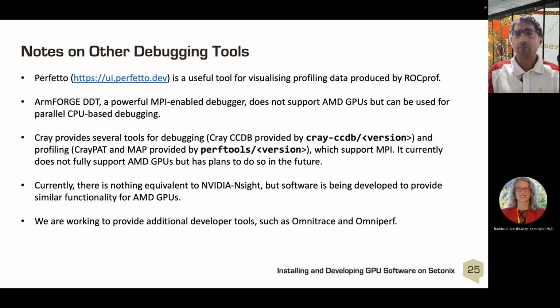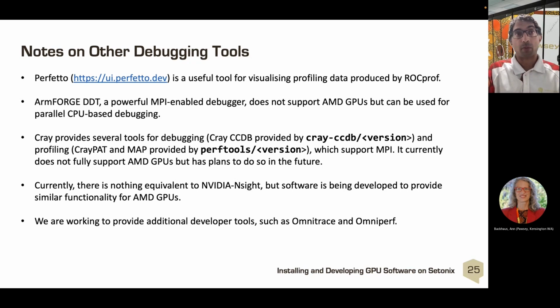And profiling tools like CrayPat and Apprentice2 that are provided by perftools, which also support MPI. It currently does not fully support AMD GPUs, but there are plans to do so in the future. So these Cray provided debuggers and profilers will in the future be a way of really looking at the AMD GPUs.